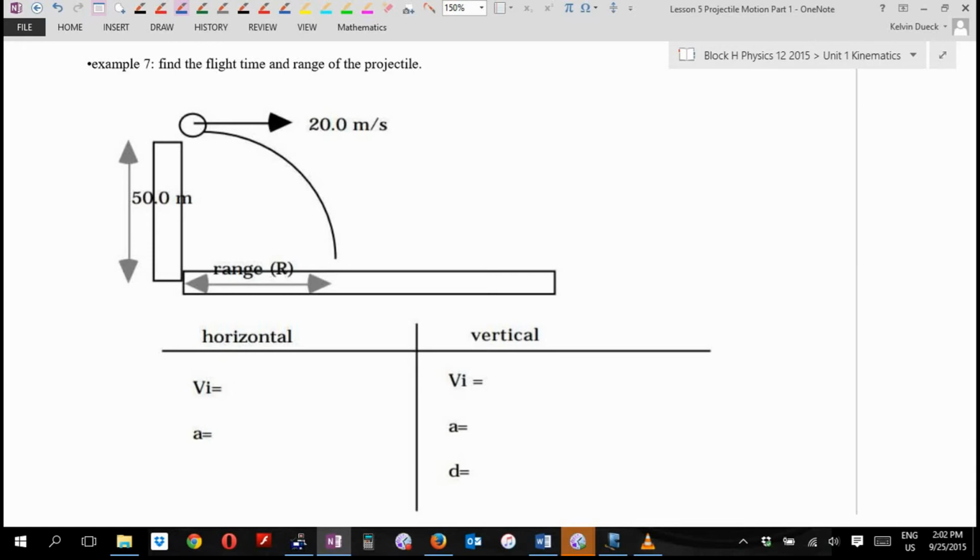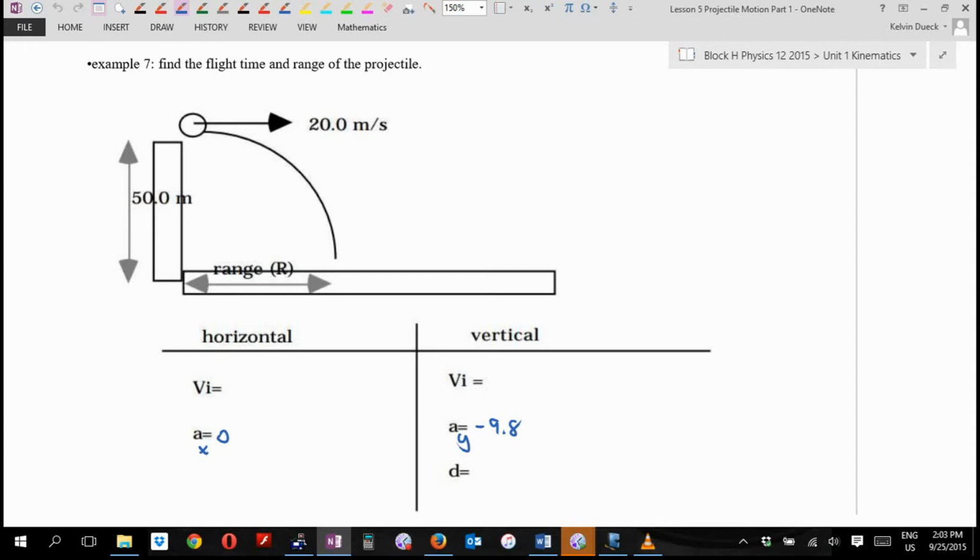I do my T-table, I put an H for horizontal, I put a V for vertical, and then I go Ax equals 0, Ay equals negative 9.8. As long as you're on Earth, that's not going to change. The rest will vary from question to question.